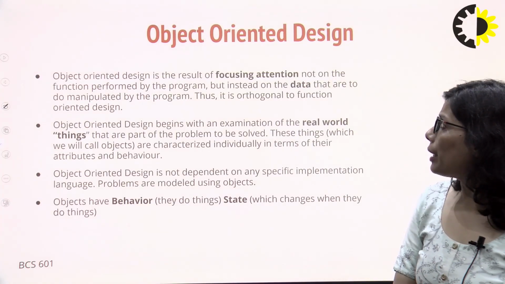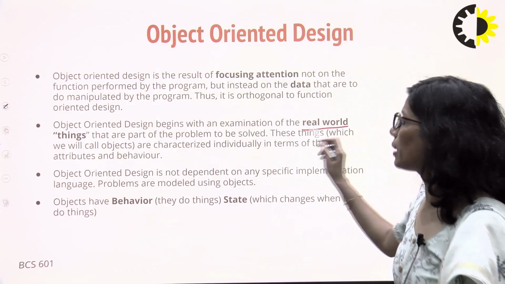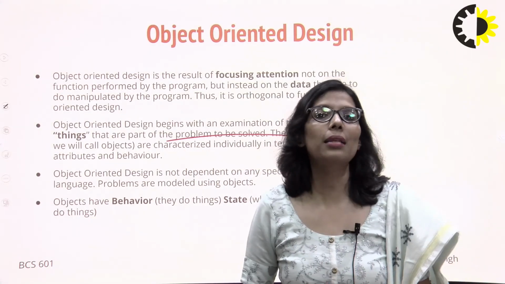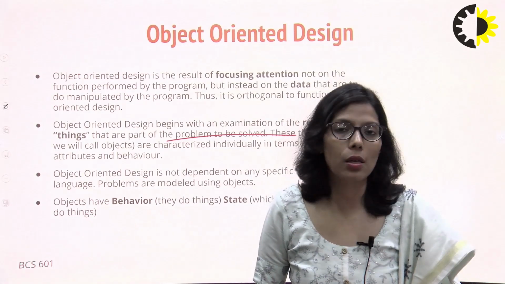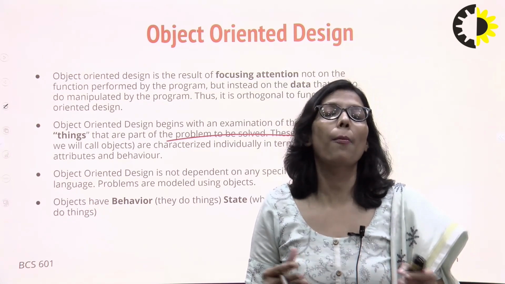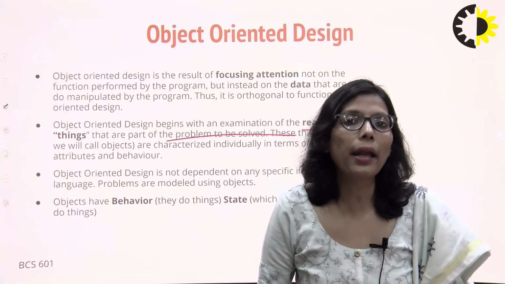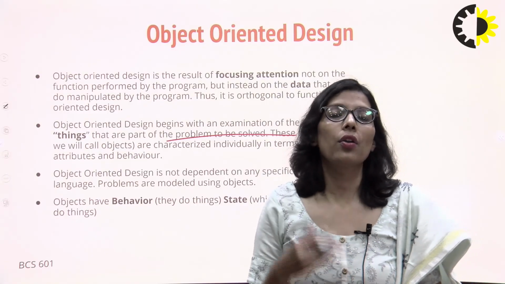Now, object-oriented design focuses on real world things that are part of the problem to be solved. So, I have a problem. First, I will identify what are the objects, what are the things, what are the entities that are present in my system, and what data my entities are possessing, and how my object is behaving.